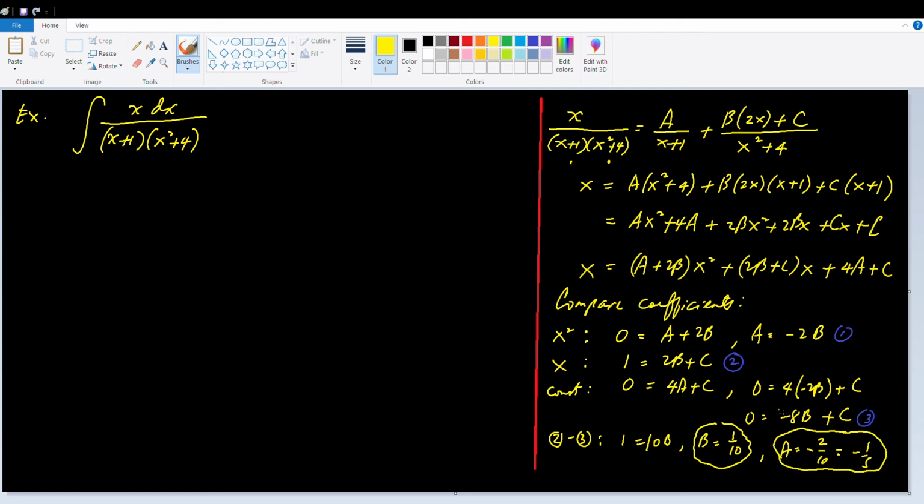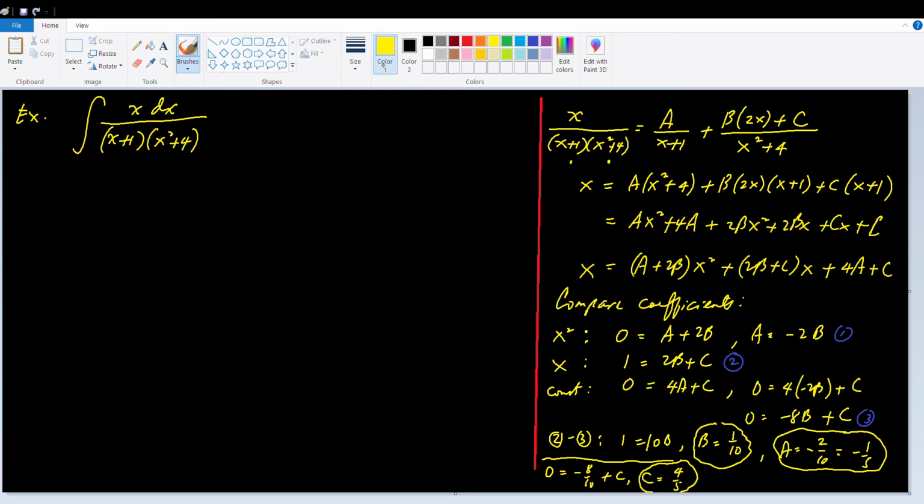And then for c, we can substitute the value of b to equation 3. So what do we have? 0 equal to negative 8 over 10 plus c. So our c here will be positive 4/5. There.